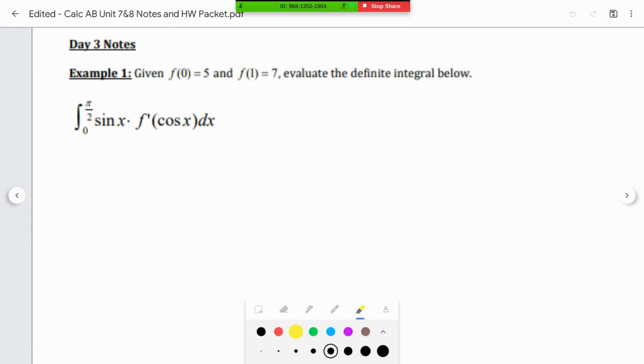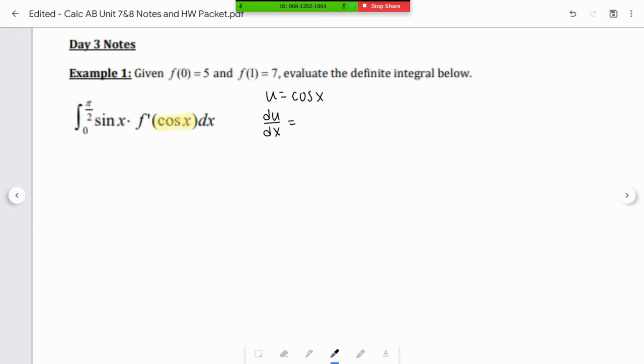So our u is going to be our inner function. So our inner function in this case is this cosine, because that cosine is being plugged into whatever f prime of x is. We don't know what f prime of x is, but whatever it is, cosine's being plugged into it. So u is going to be that inner function, cosine of x. And then I'm going to take my derivative. So du dx is equal to the derivative of cosine, which is -sine.